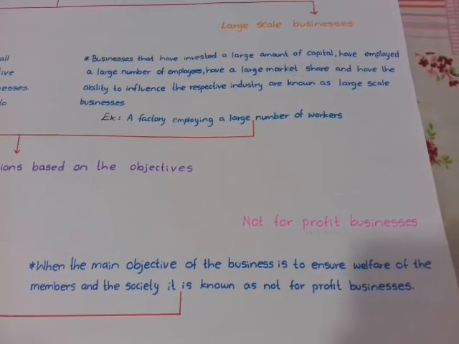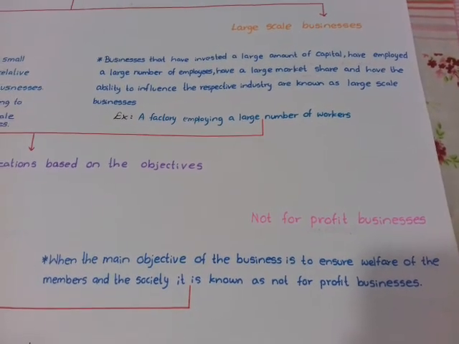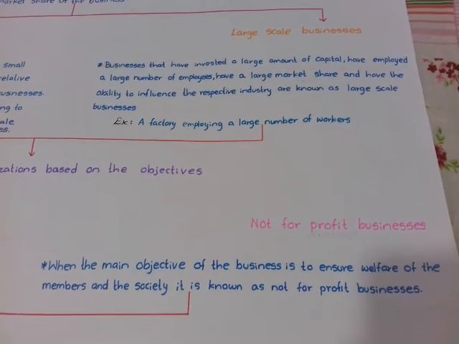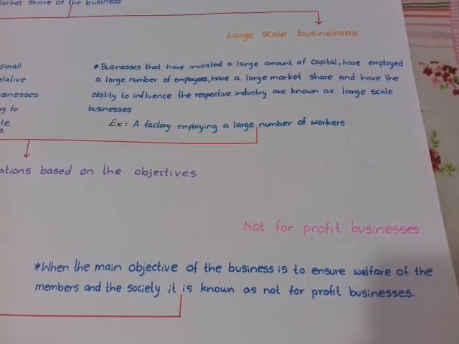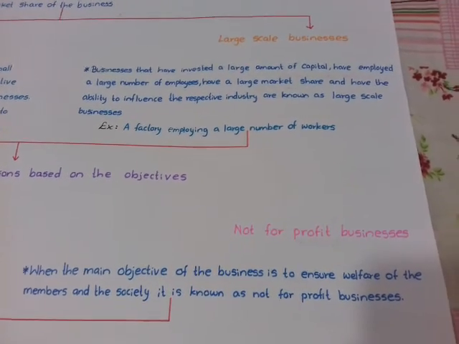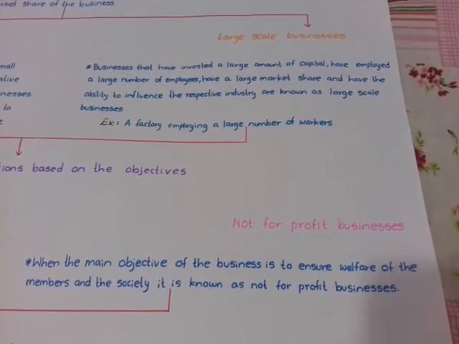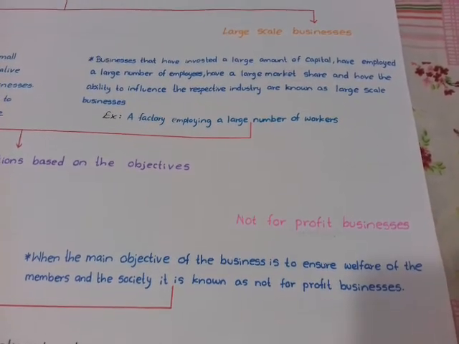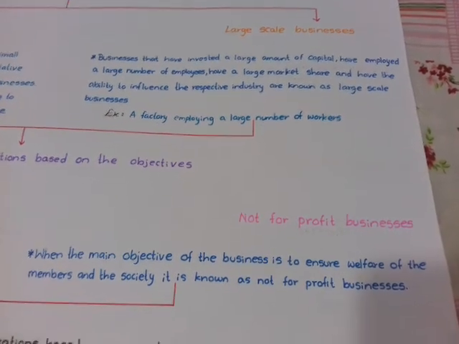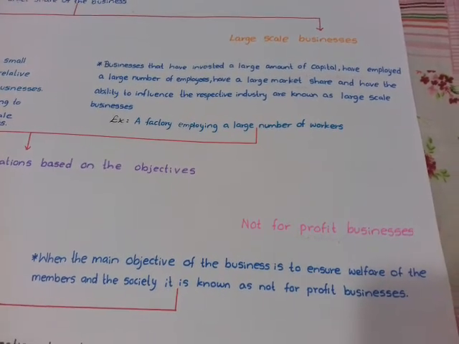From the name itself we see that the objective is not gaining profits. When the main objective of the business is to ensure the welfare of the members and the society, it is known as a not-for-profit business. That means the main objective of this business is not to gain a profit. The objective is to ensure the welfare of the members of the society.